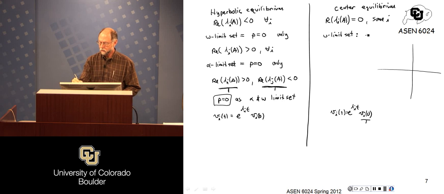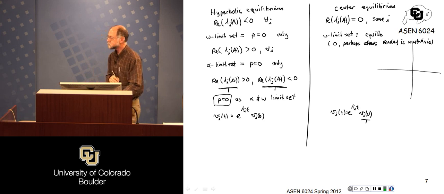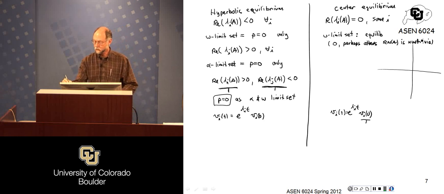So these either could be equilibria, so 0 is always there. There may be others if the right null space of A is non-trivial. Also periodic orbits.